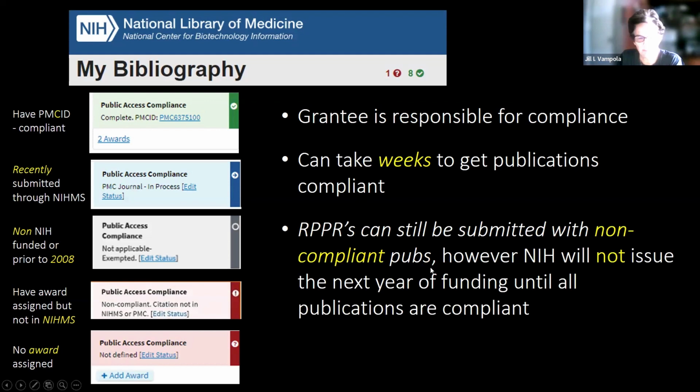And just as another reminder, I know I keep repeating myself, but you can still submit your RPPR. So it's on time with non-compliant publications, but they're not going to issue the new award until all the publications are compliant. So you'll have to respond to that PRAM.